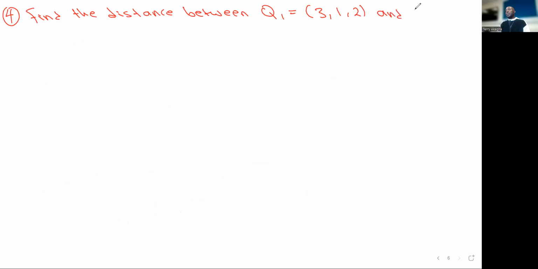So in this example here, I have: find the distance between point Q1, which has 3, 1, and 2, and the origin. Is that okay? So now we're asked to find the distance between Q1, which is 3, 1, and 2, and the origin.